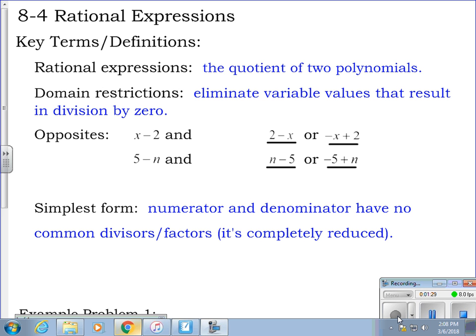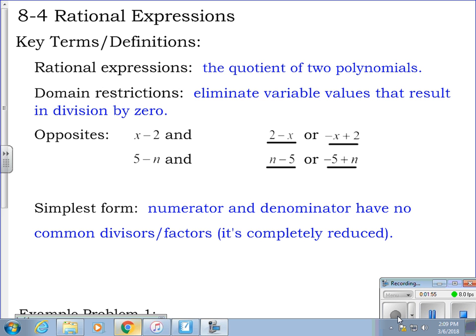Okay. Opposites. This is kind of important when we're coming up later on, when we do our factoring and reducing. Finding opposites in order to be able to reduce. The opposite of x minus 2 is 2 minus x, or negative x plus 2. We may want to change the sign and get an opposite in order to be able to reduce.